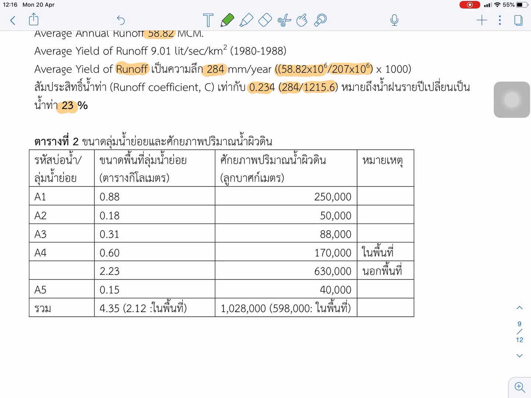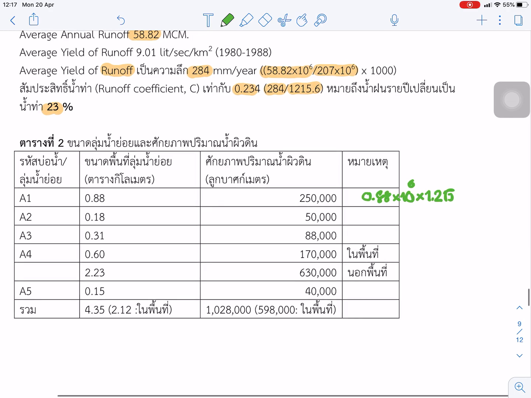For example, for A1 the area is 0.88 square kilometer. We can convert to square meter, and multiply by the rainfall, 1.215, and multiply by the factor of 23%.